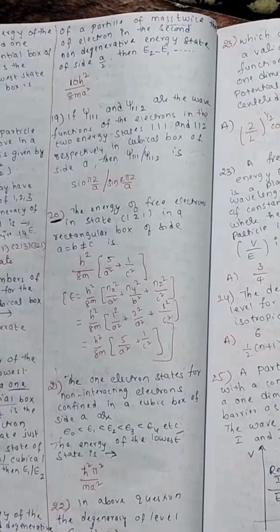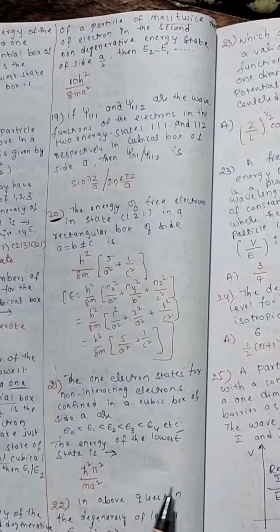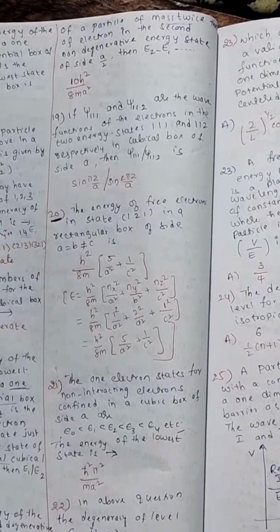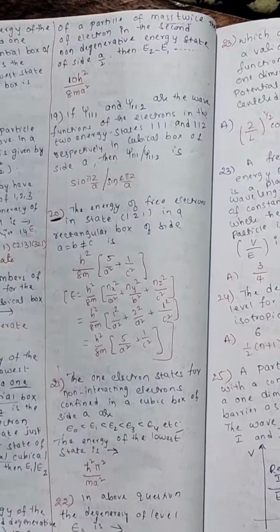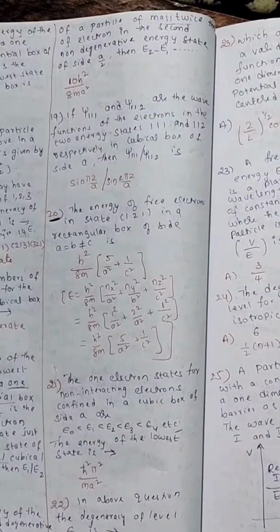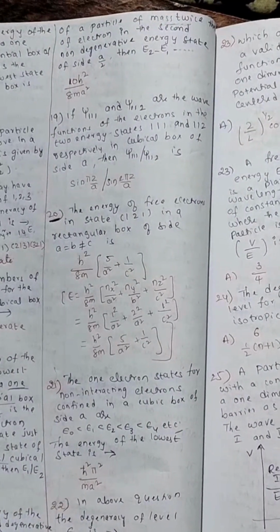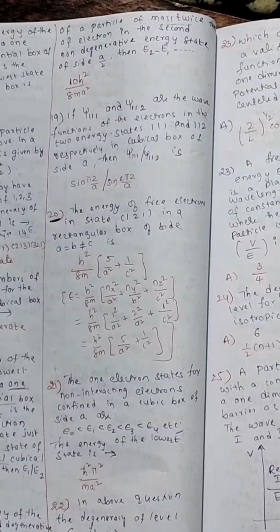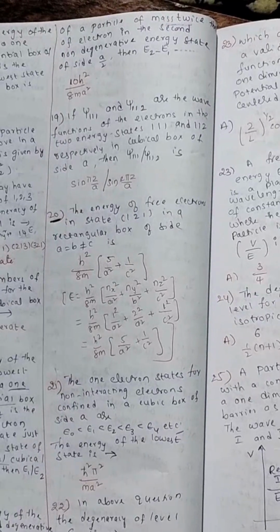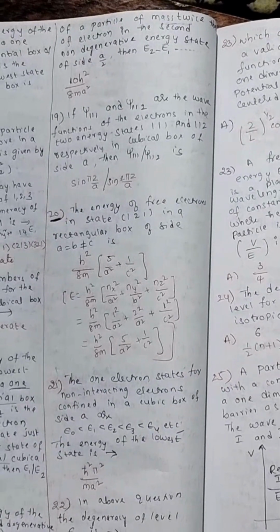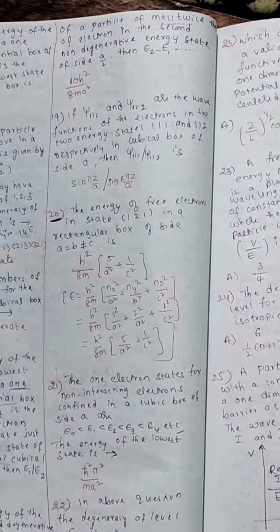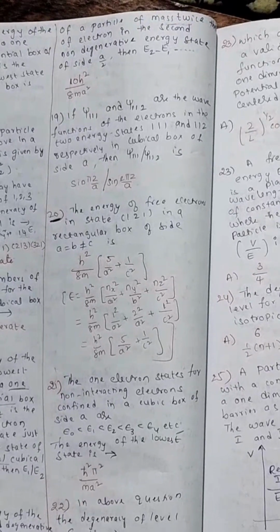Okay? Now next, in the above equation, the degeneracy is 6. In the above equation, the degeneracy is not 6. 1 1 1, the lowest ground level we took, no?